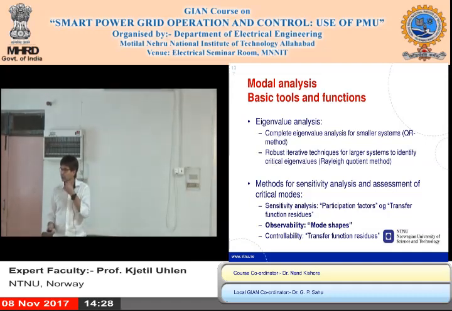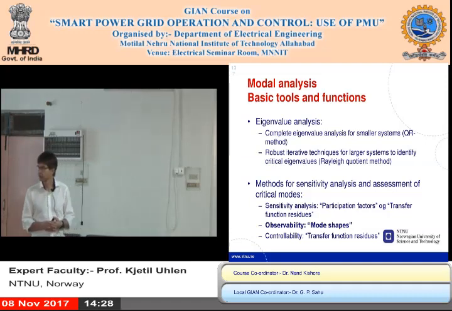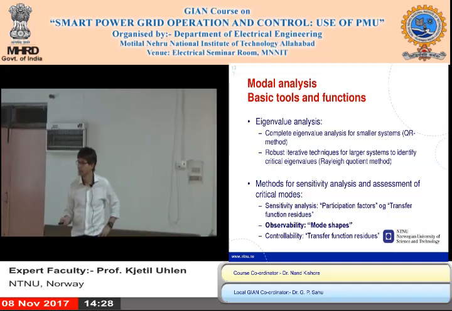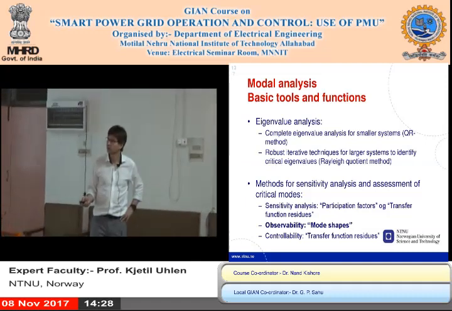If you have a large power system, I'll show you now an example from analysis of the Nordic power system with something like 1,000 generators. And there, if you try to plot all the eigenvalues, if you are able to do that, you will see them all over.